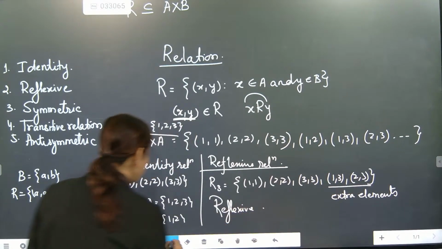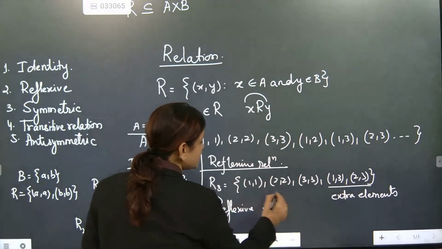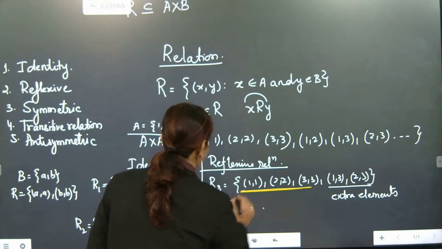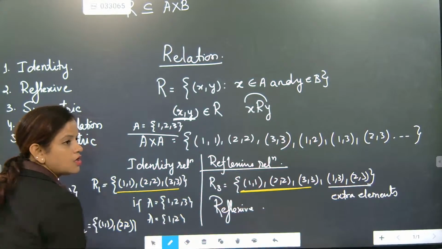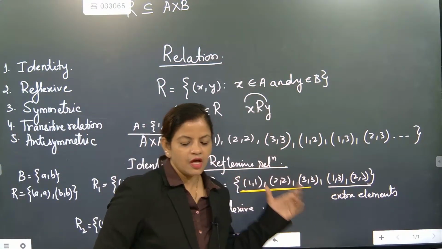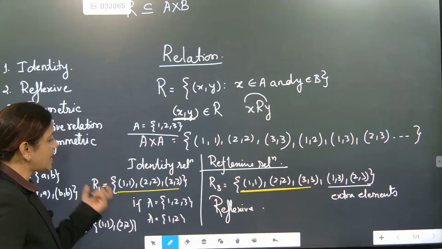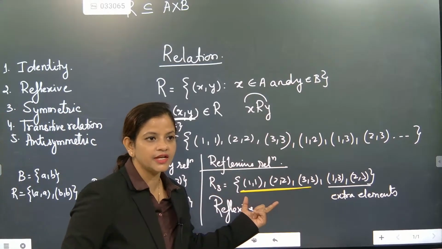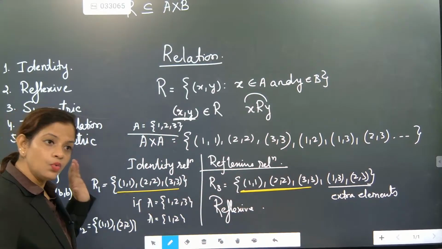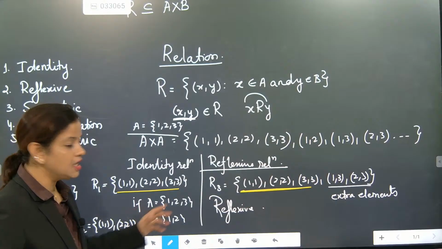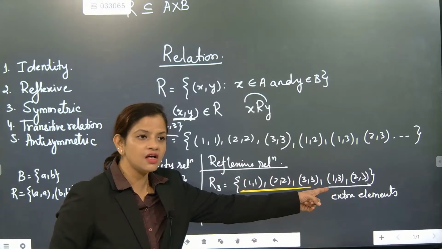But the major need is that the 3 pairs 1 1, 2 2, 3 3 have to be there, in identity and also in reflexive. The major difference is that an identity relation takes only same-type elements, while reflexive relations take extra elements.